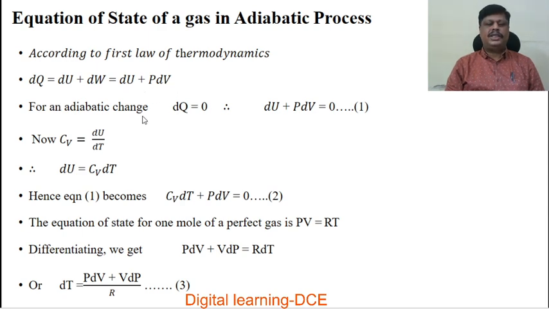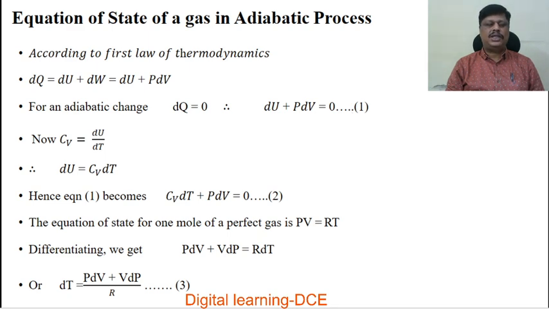For an adiabatic change, dQ is equal to 0 because heat neither enters the system nor leaves the system. Substituting 0 for dQ, we get dU plus P dV is equal to 0. So finally we get dU plus P dV is equal to 0. Call this equation number 1.